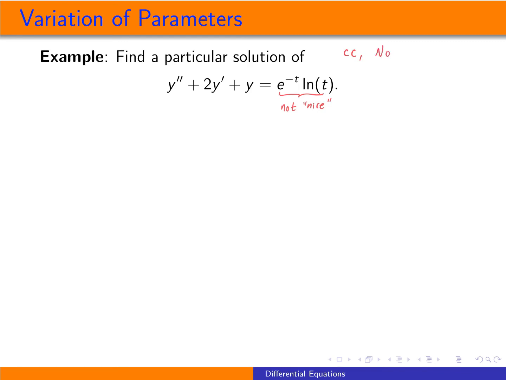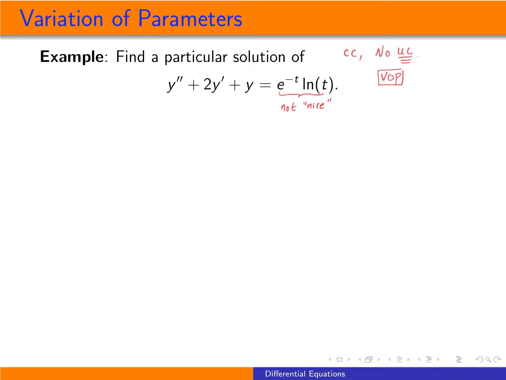What that indicates to us is even though it's a constant coefficient, we cannot use undetermined coefficients. The only choice for that particular solution is we must use variation of parameters.